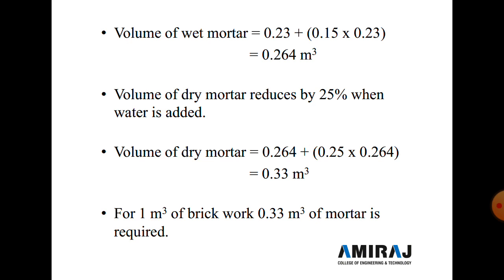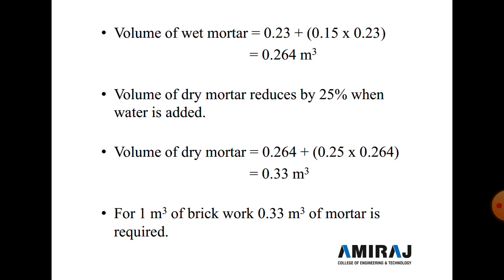Now for the volume of dry mortar, the volume reduces by 25% when we add water. So to find the value of dry mortar, we add 25% extra. The volume of dry mortar is equal to 0.264 plus 25% of 0.264, that is 0.25 multiplied by 0.264.